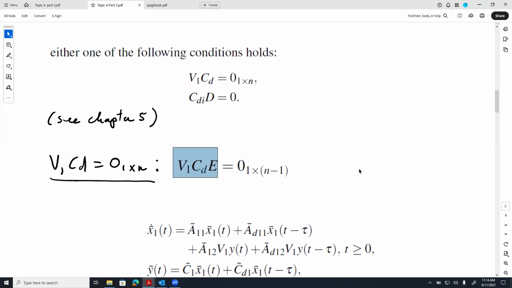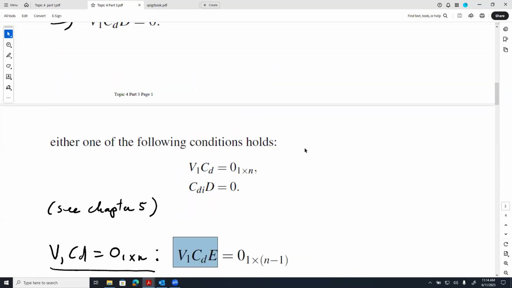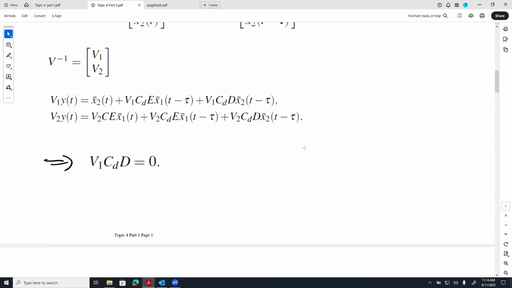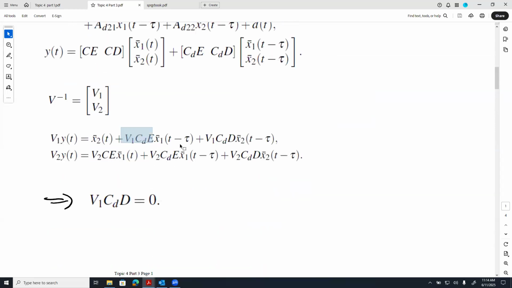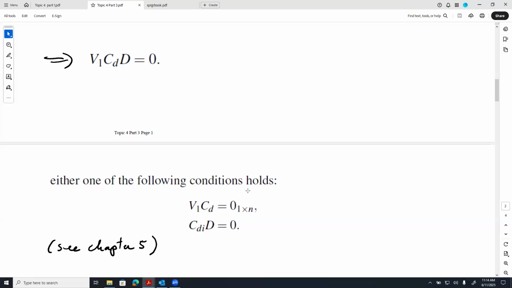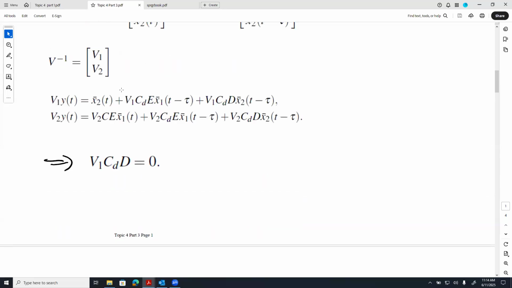That makes the derivation of the non-input decomposition a bit easier, because when that thing is 0, we also have that term there being 0 as well. So firstly, we impose this structure, and then secondly, if V1 CD is 0, which is this condition here, then the other thing is also automatically equal to 0.